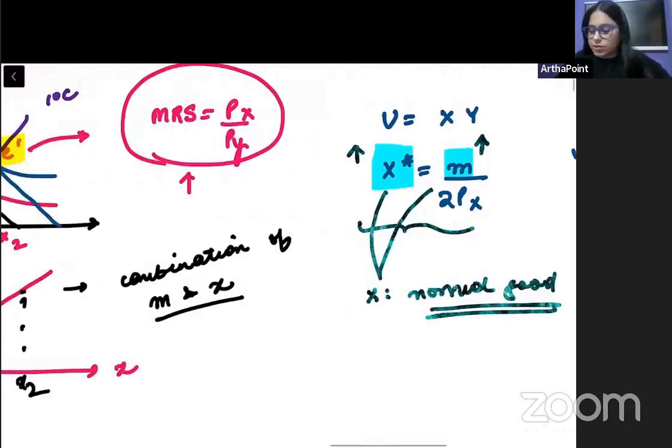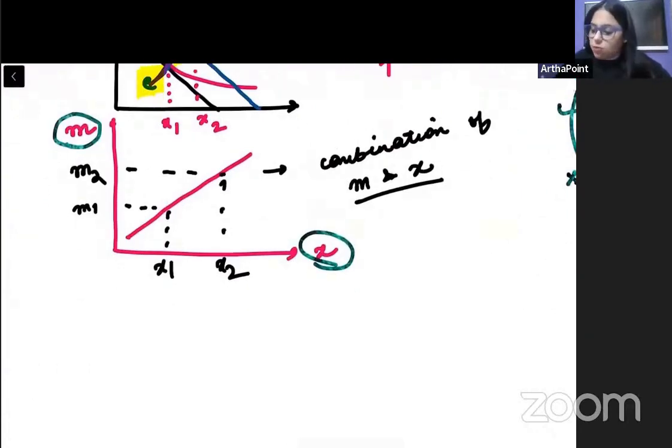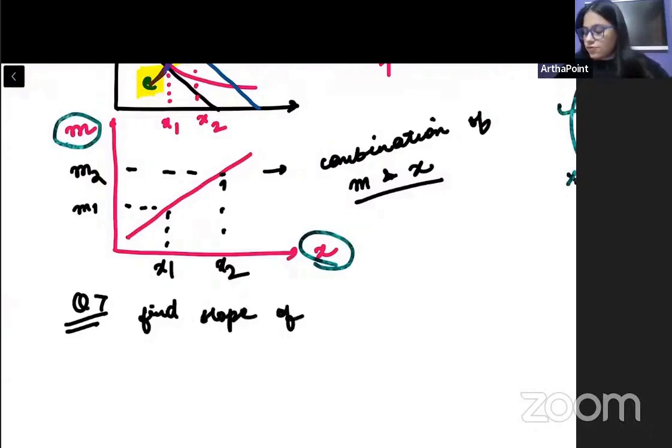Achha, now just think about it. Suppose I have income here and I have X here. And question में वो पूछ लेते हैं in exam that find the slope of Engel curve. तो Engel curve क्या बता रहा है? Engel curve is giving you the equilibrium combinations of income and good.